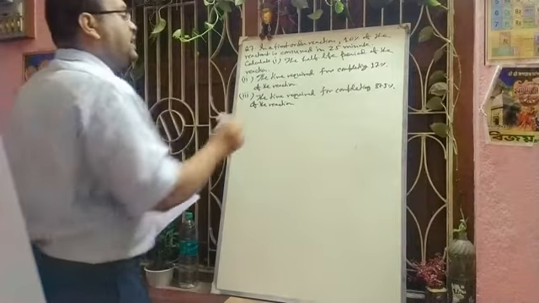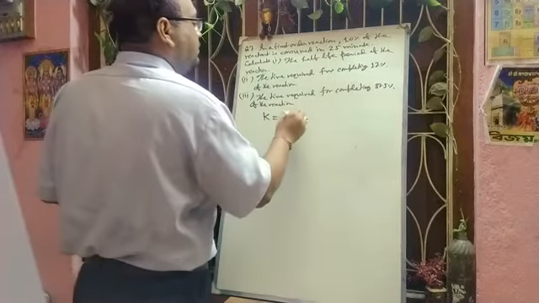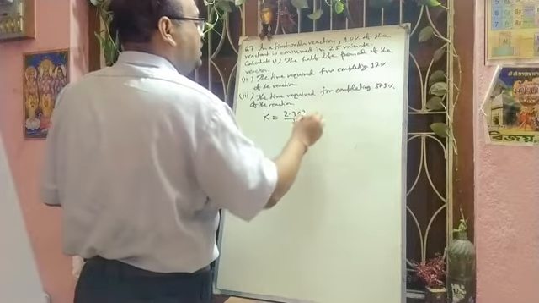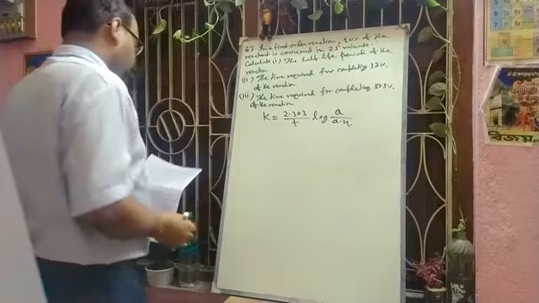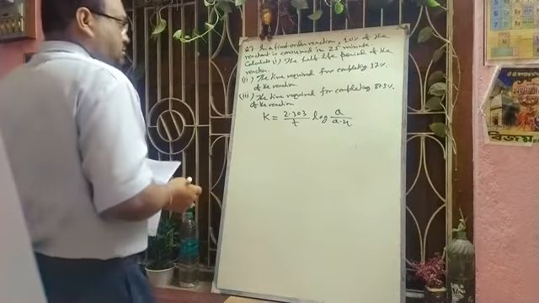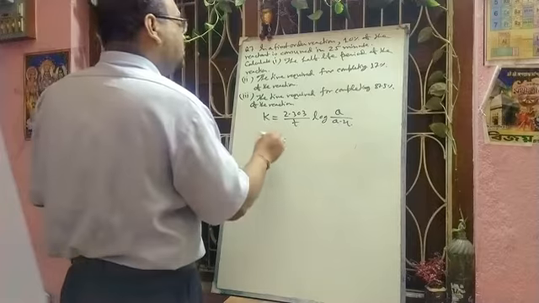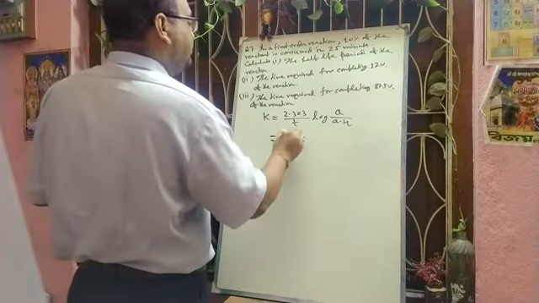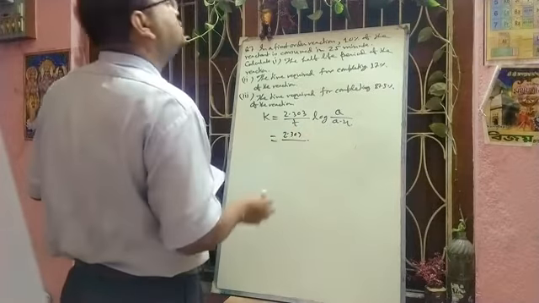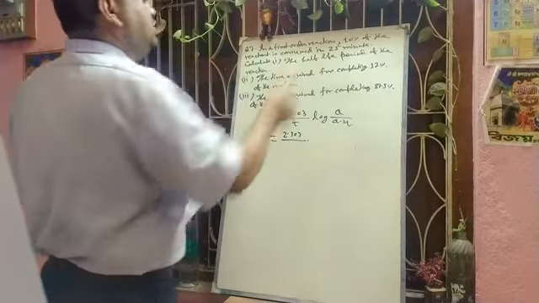Okay, so from here, first we have to write the rate equation for the first order, K is equal to 2.303 by t, log A by A minus X. So here it is given, in a first order reaction 10% reactant is consumed in 25 minutes.